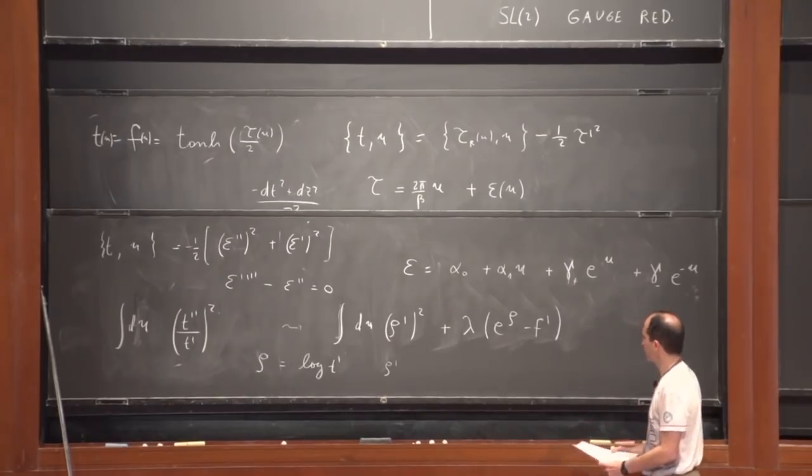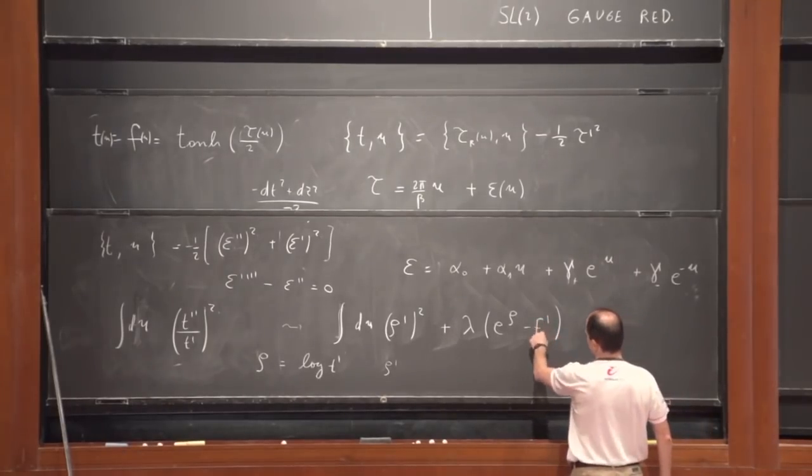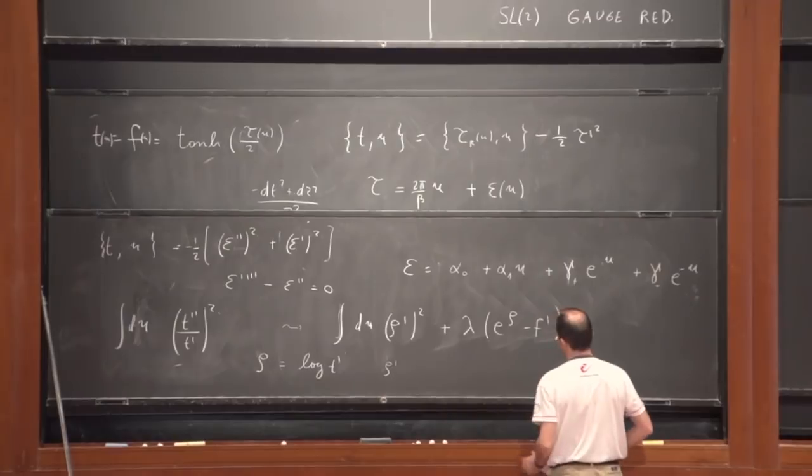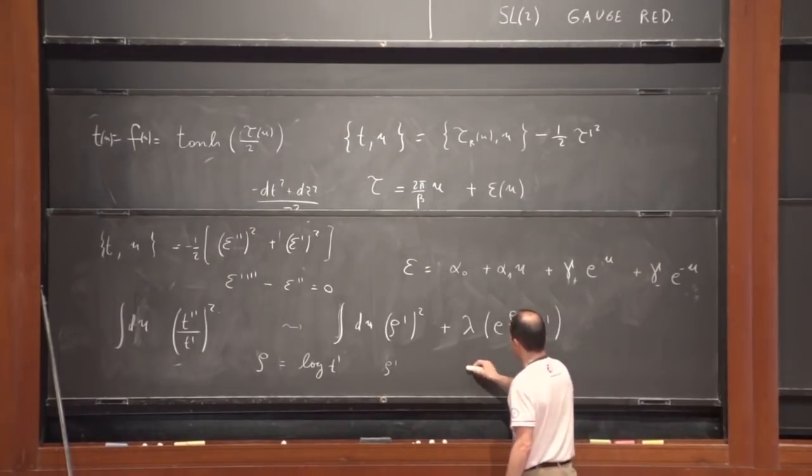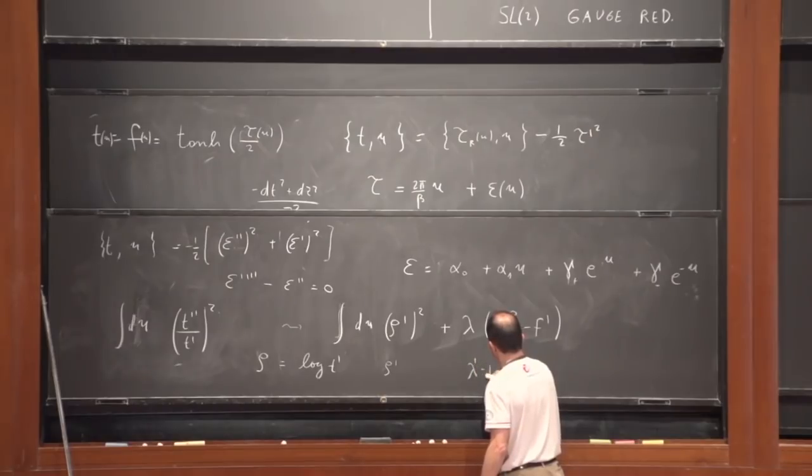But instead, we could first integrate over f, and then we set the equation of motion for it. So we do the functional integral over f, and that sets a delta function of lambda prime.